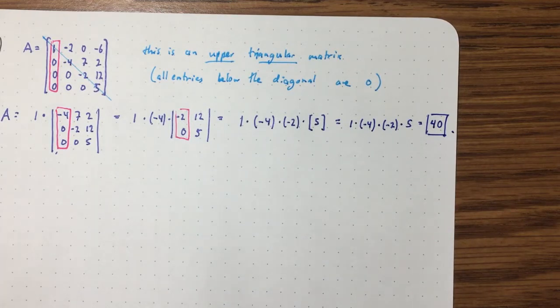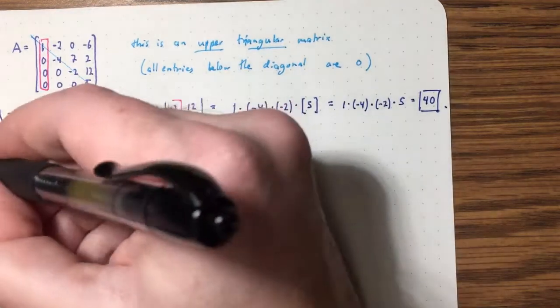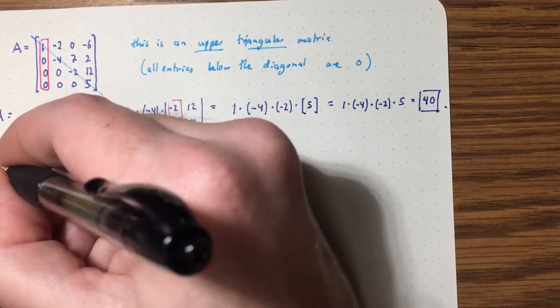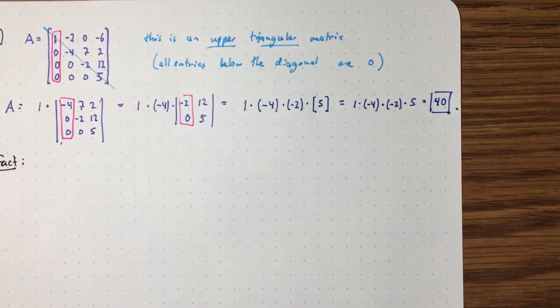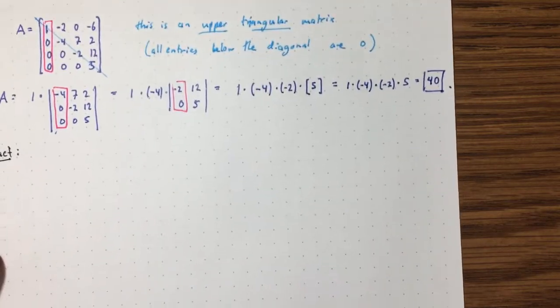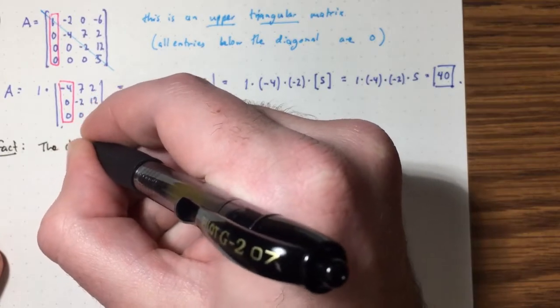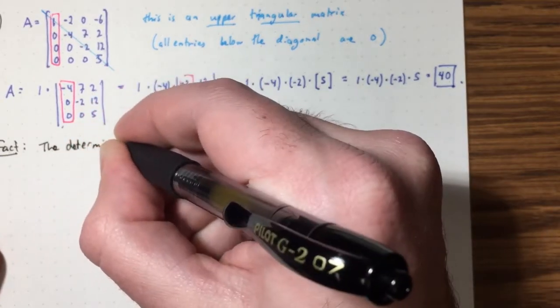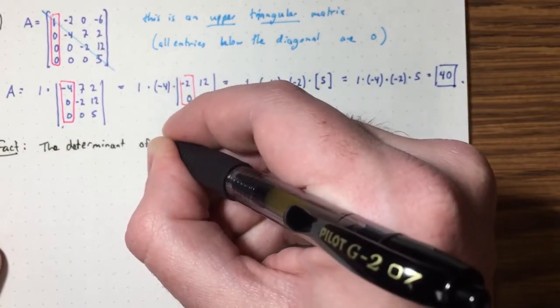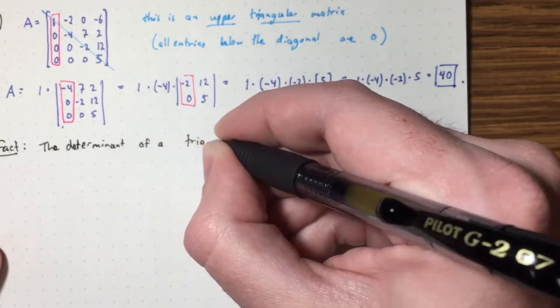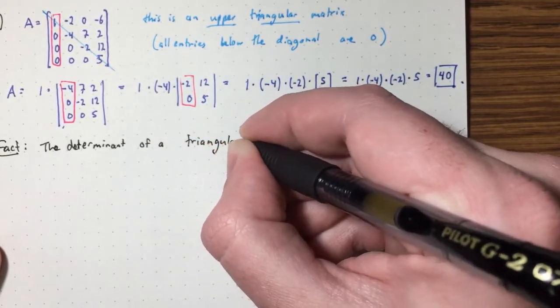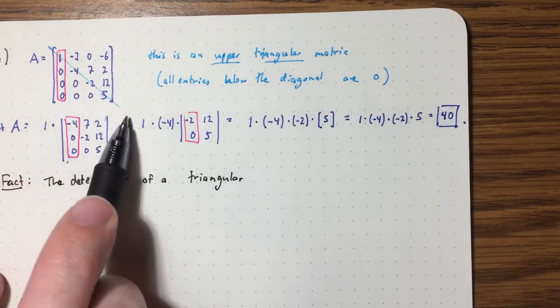What did we just figure out here? Fact. We're going to see a bunch more facts about determinants in the next 10 minutes or so. But here's our first fact. The determinant of a triangular matrix. It can be either upper triangular or lower triangular. But the diagonal's got to go down this way, right?